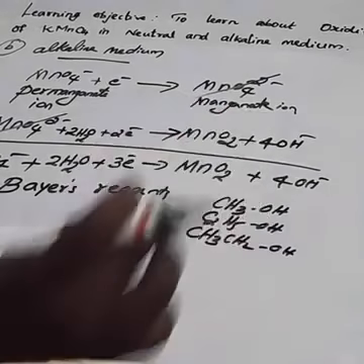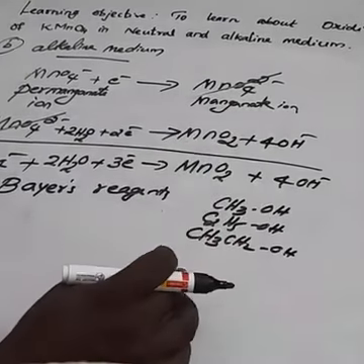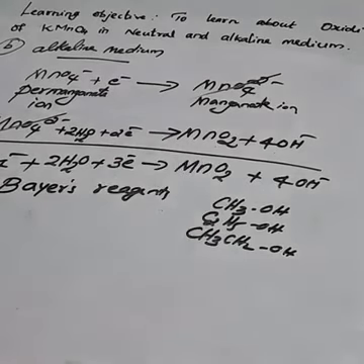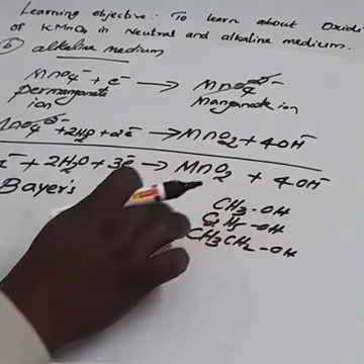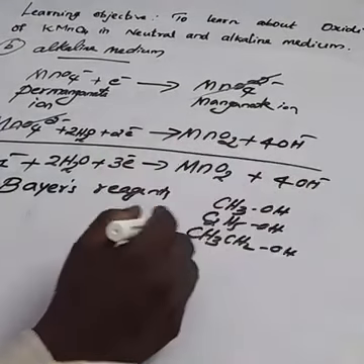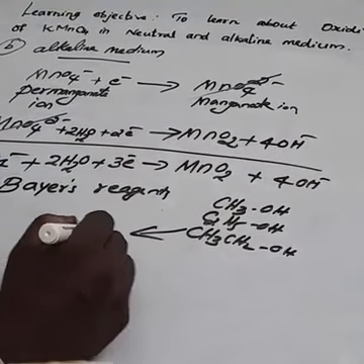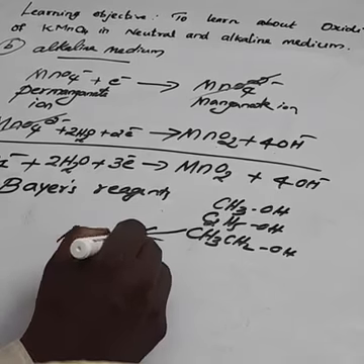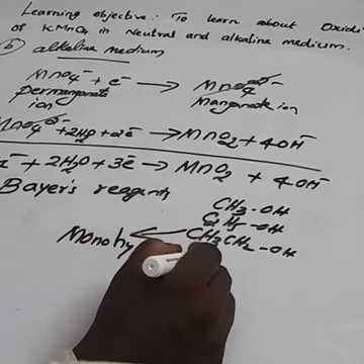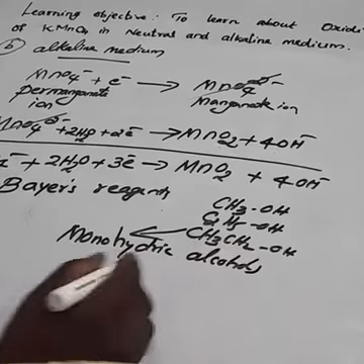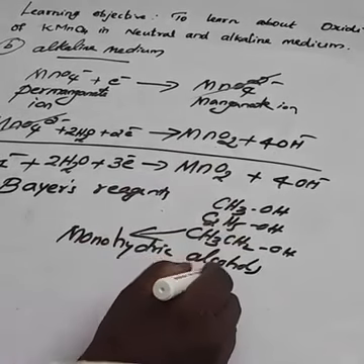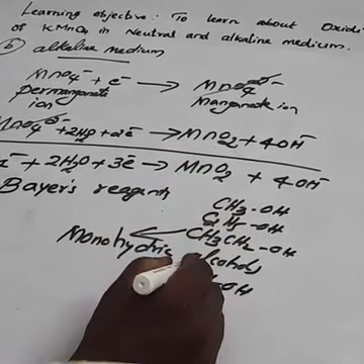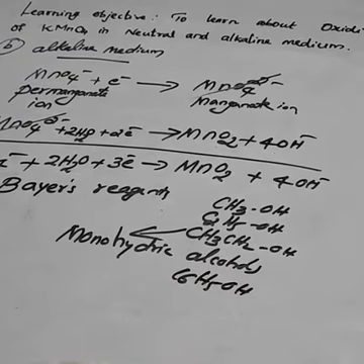That means methyl alcohol, methanol, ethanol, etc. We say these are monohydric alcohols. For example, phenol also, C6H5OH. Monohydric because we have only one OH group.